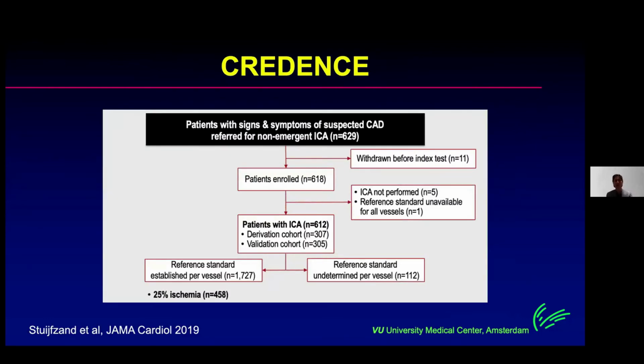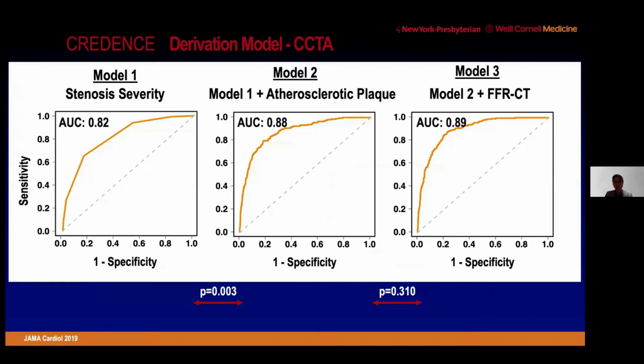This was one of the incentives for Jim Min and colleagues to run the CREDENCE trial, 618 patients with intermediate likelihood of coronary disease who went through several types of testing. But with CT, it was very important to realize that if you take a look at model 1, which is just stenosis severity, and model 1 and atherosclerotic plaque, or model 2, which added FFRCT, that they have all had incremental value.